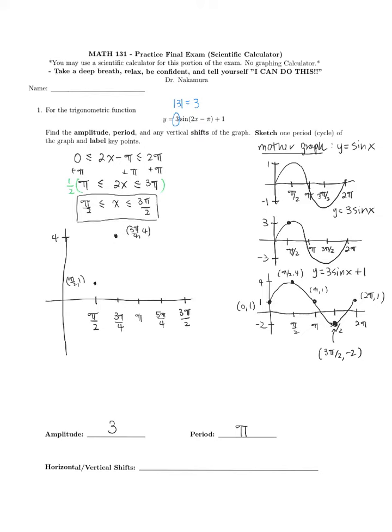And at pi, your y value is going to go back down to 1. So here you're going to have pi comma 1. And at 5 pi over 4, your y value is going to be negative 2. And at 3 pi over 2, your y value is going to be back at 1.